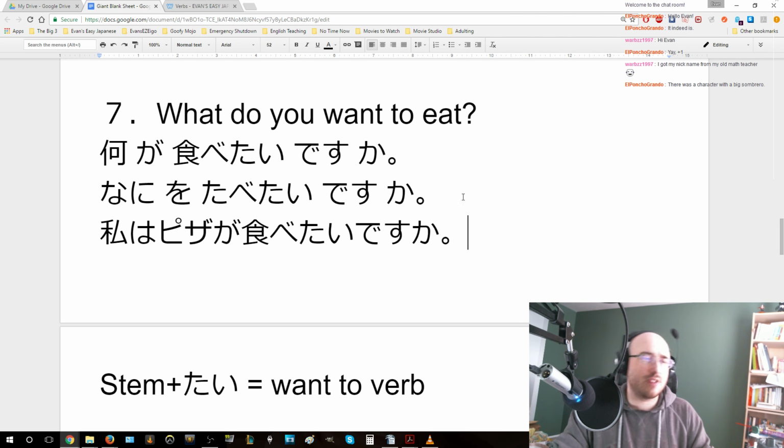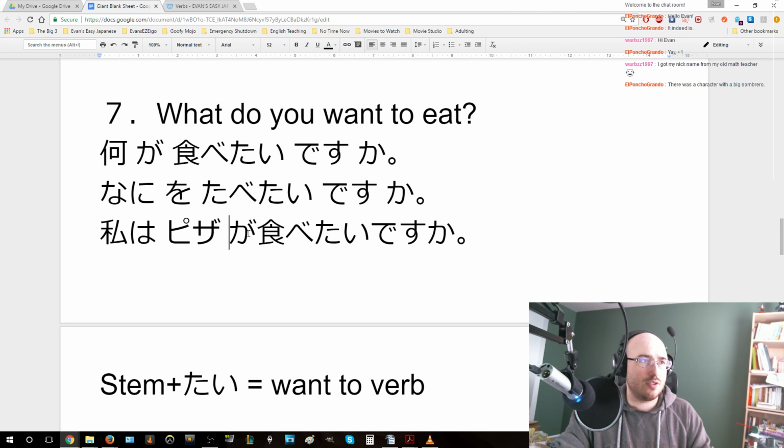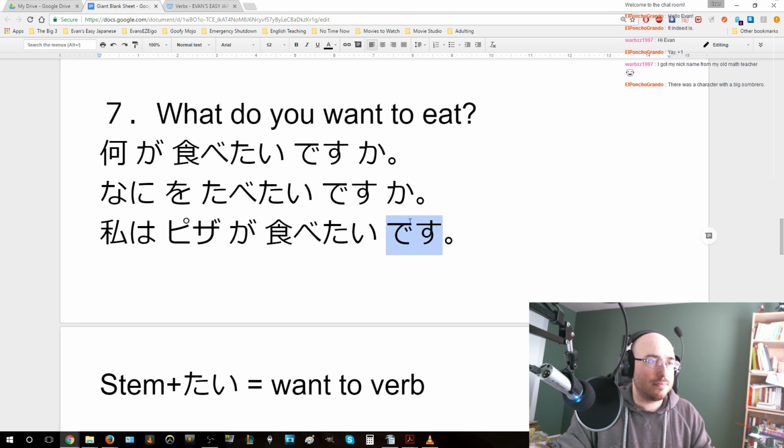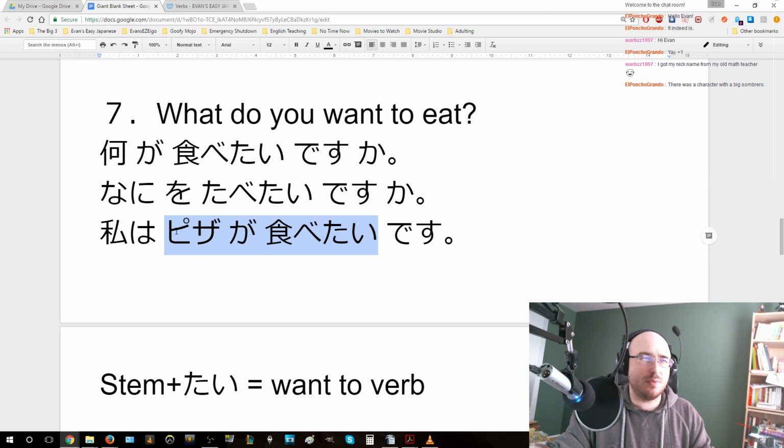A very strange translation for this if you do it literally. You don't want to translate this literally. Just notice that pizza ga tabetai is almost saying, regarding me, I am, or there should be a ka particle there, I am the feeling of pizza want eating.